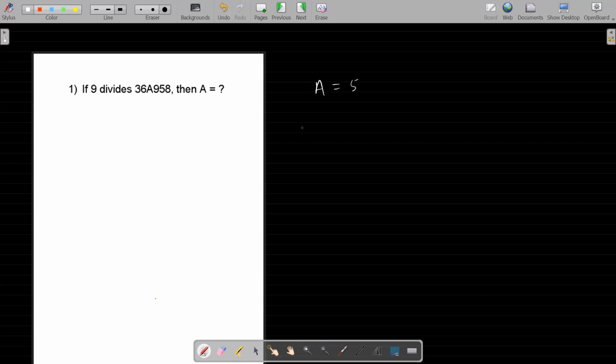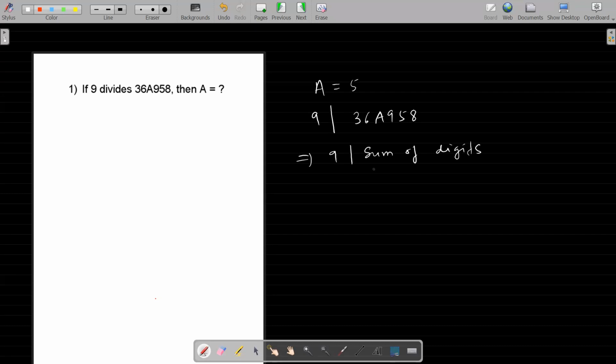So 9 divides 36A958 means 9 divides the sum of digits.